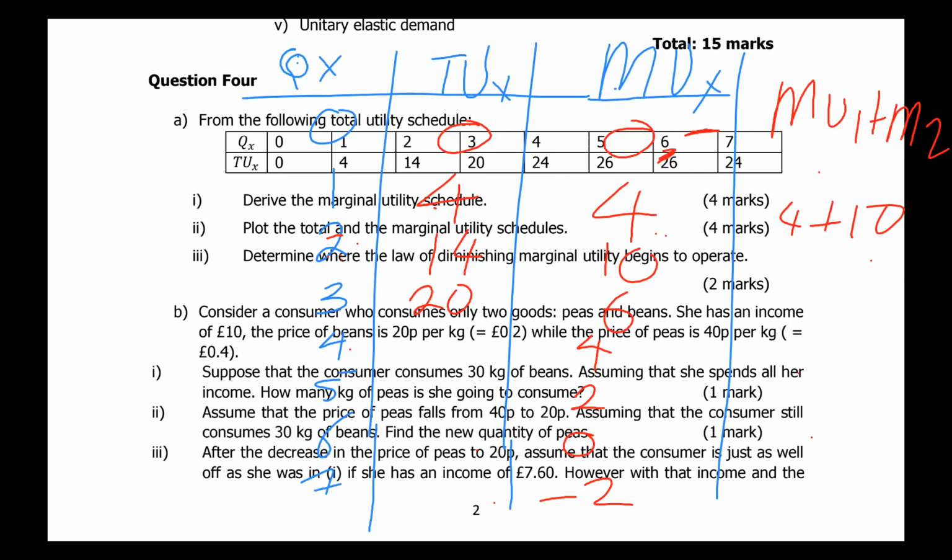Then 20 plus this 4 is 24. Then 24 plus 2 is 26. 26 plus 0 is 26. Then 26 minus 2 is 24. Have you seen that you've gotten back your total utility schedule?